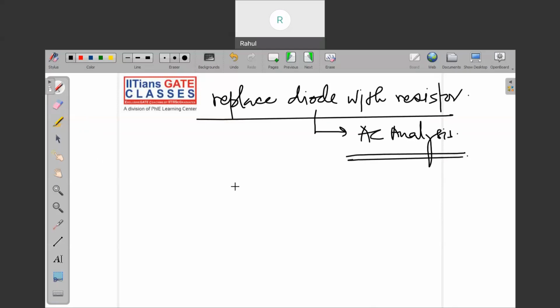But the resistor value will depend upon the diode current, which can be found with the help of DC analysis. So DC analysis will be done to calculate the current so that you could get the resistor.